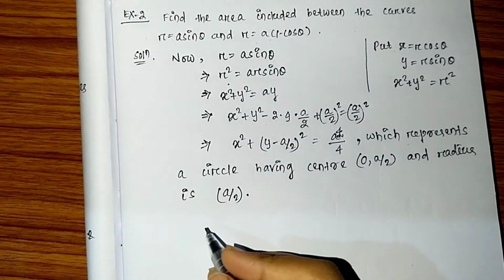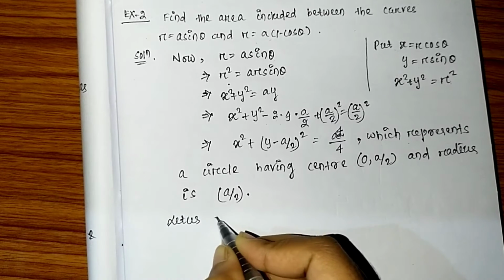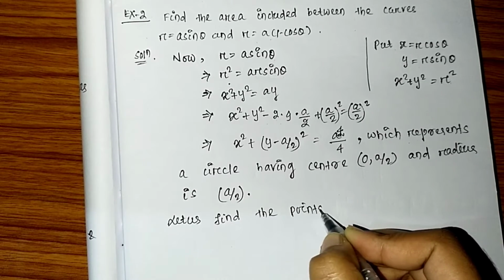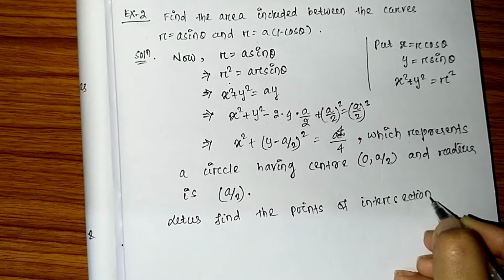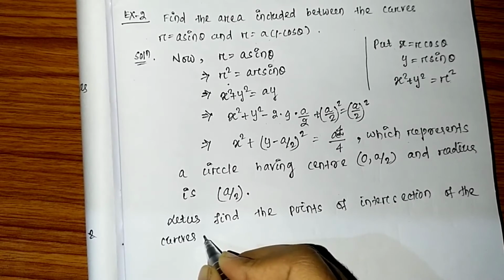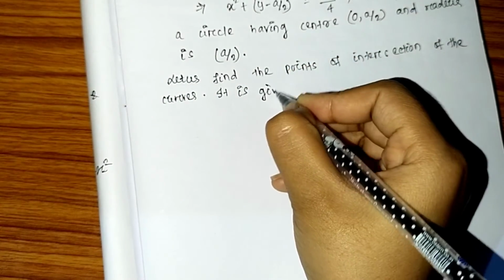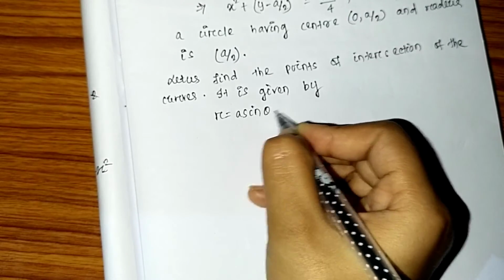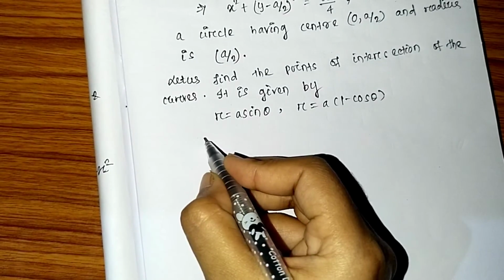The points of intersection of the curves are given by r equal to a sin theta and r equal to a into 1 minus cos theta.